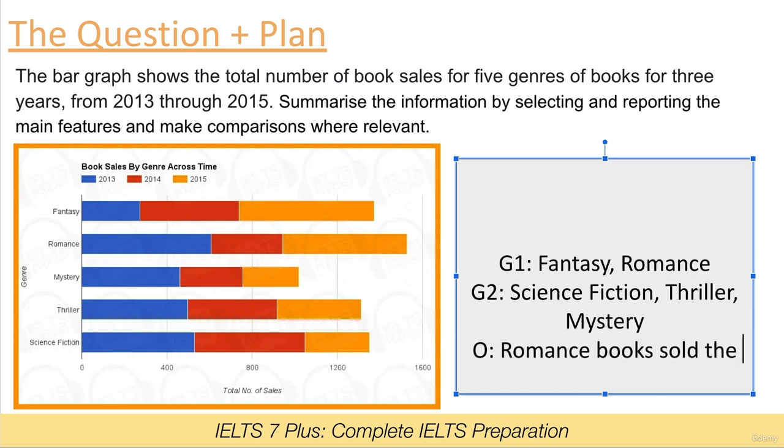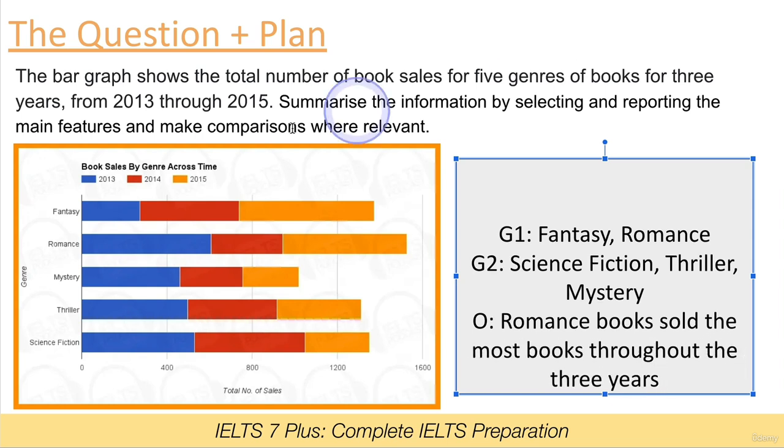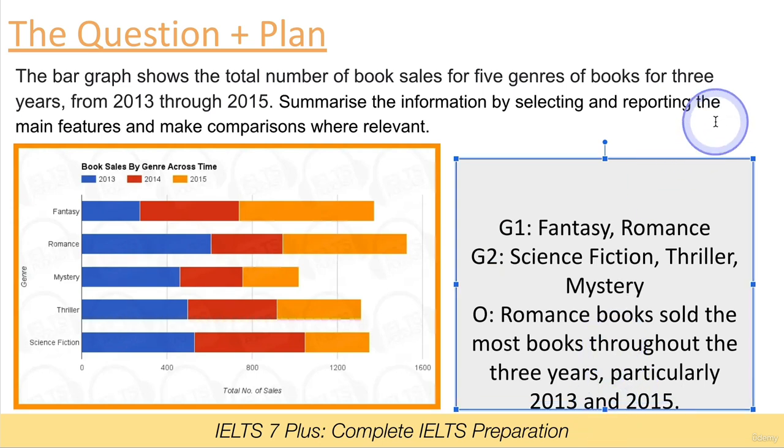Let's do the total. Sold the most books throughout the 3 years. When did they sell the most? Particularly 2013 and 2015. Okay, I think that's good. So we've got our two groups there, and we've thought about our overview.